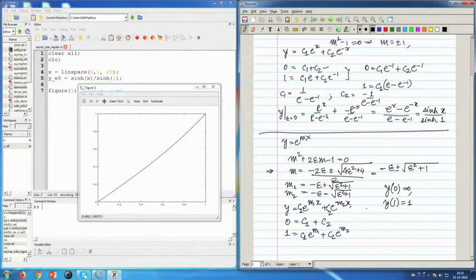Once again we can multiply the first equation by e raised to m2, so we have 0 equal to c1 e raised to m2 plus c2 e raised to m2.